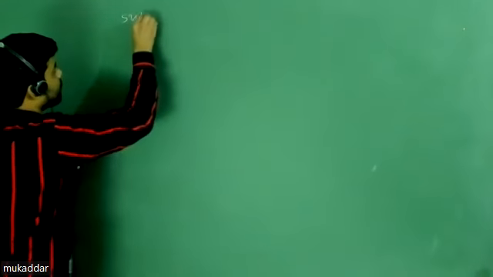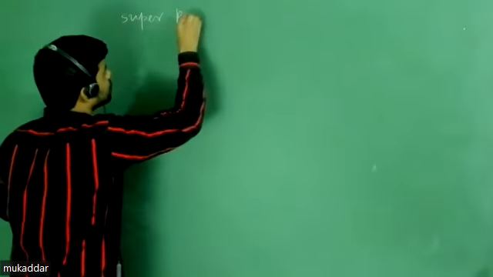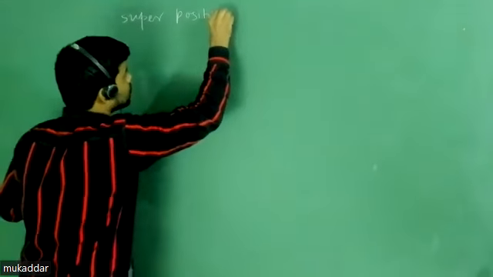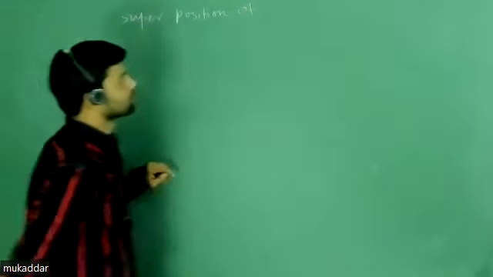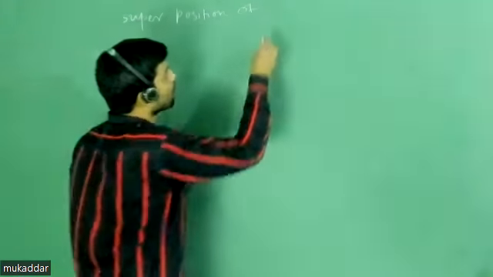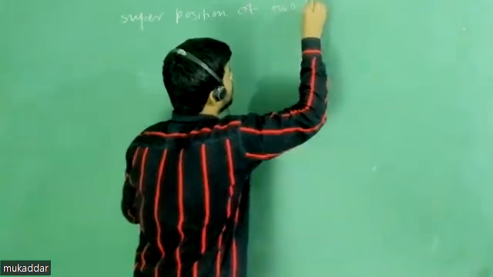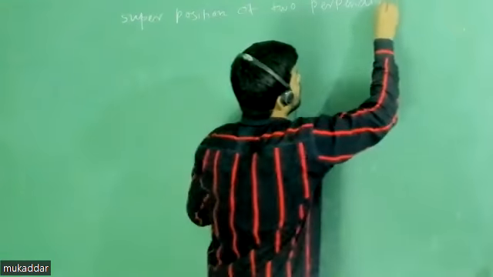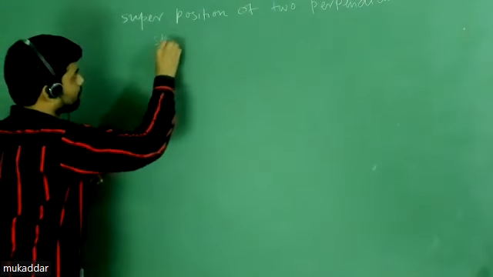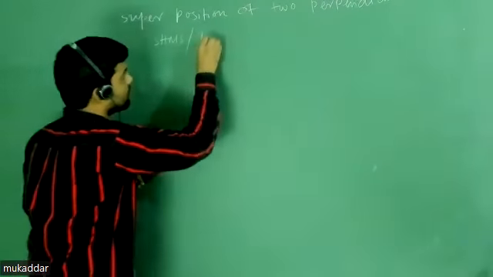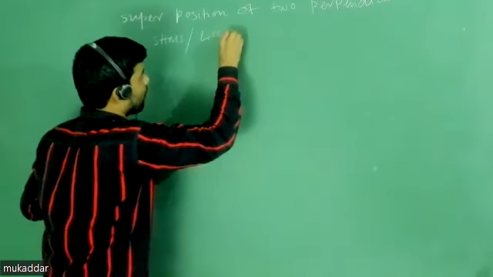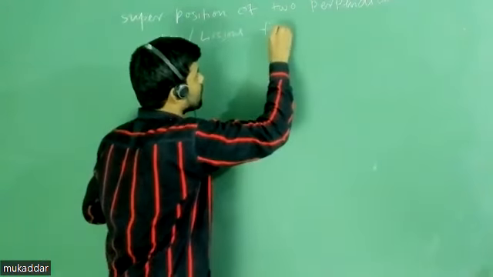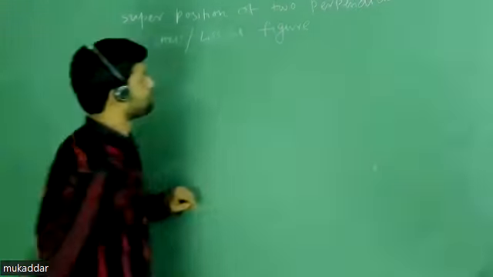So you have seen that you have a superposition of two perpendicular SHMs, and that is called Lissajous figure.